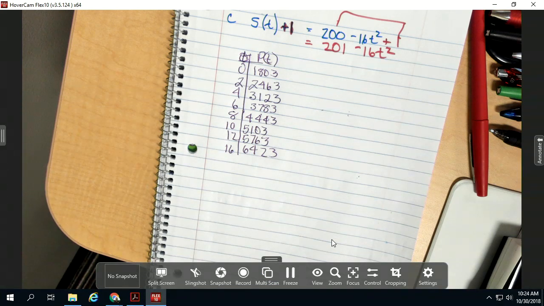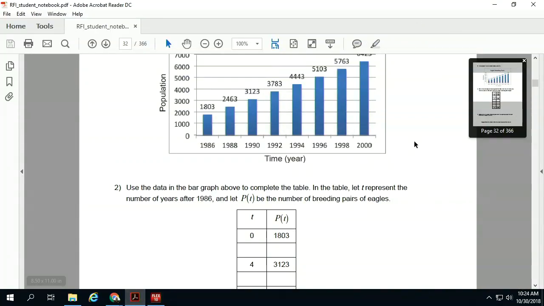Number 3 says, does it appear they are growing linearly, like a line? If you look at the graph, what do you notice about the graph?